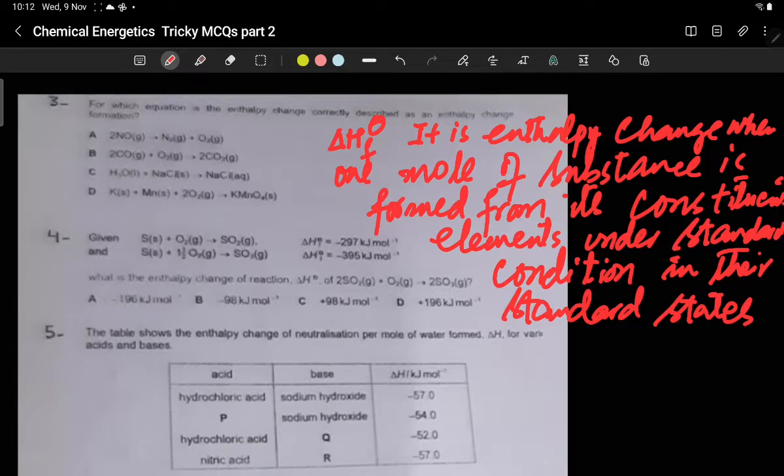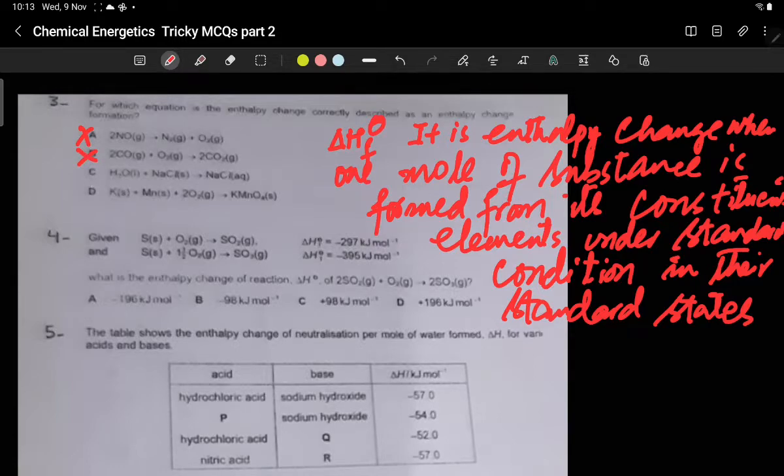So look at the options. On the reactant side there should be only elements. Over here nitrogen monoxide forms nitrogen and oxygen, so this is incorrect. Carbon monoxide, again compounds on the reactant side, so this is also incorrect.